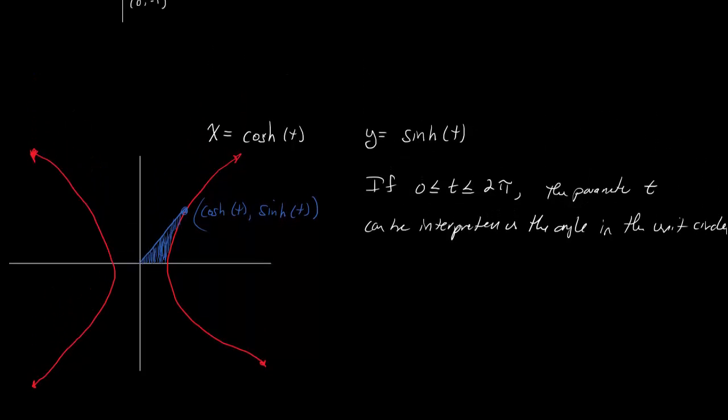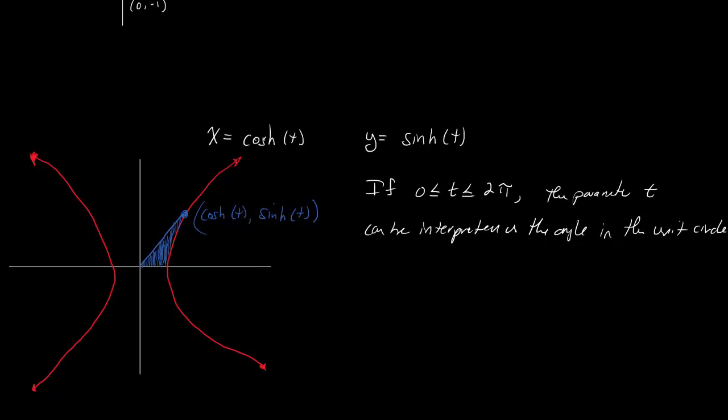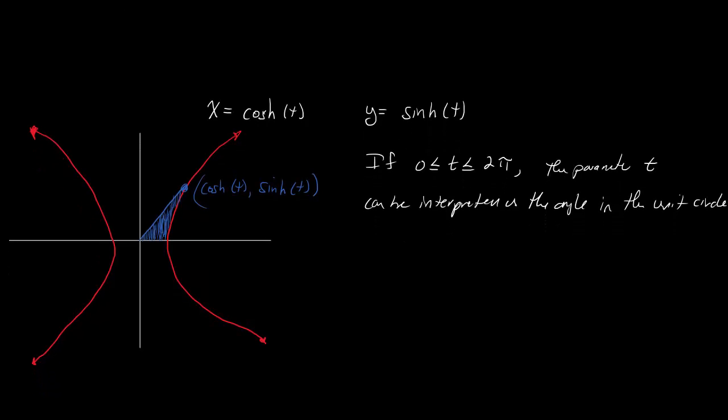So going back up here, we can see that this creates an angle. That angle will exist between the x-axis and that value. But there's going to be a similar analogy for our parametric hyperbolic functions.